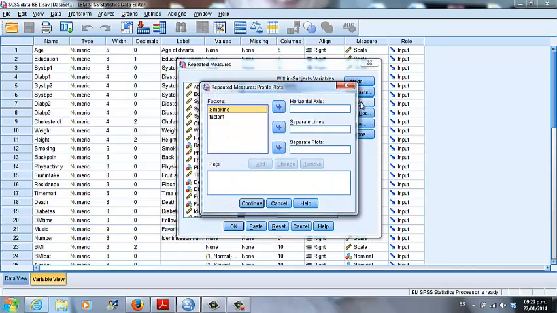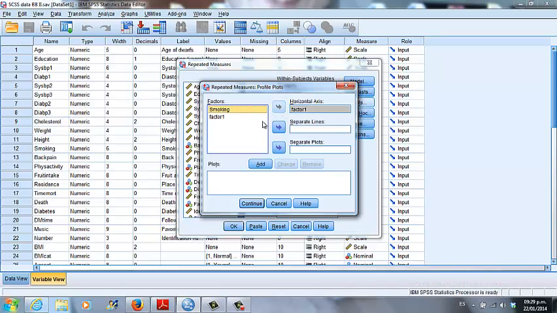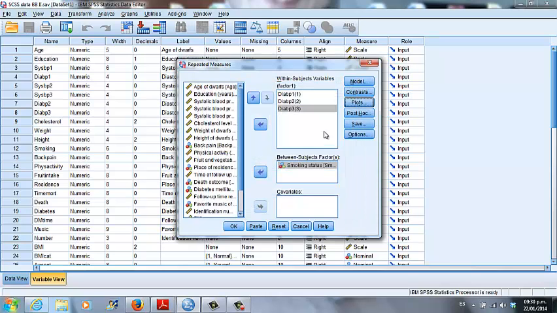In plots, if you're interested, you could have separate lines for smoking, as we did basically in the previous model. Let me select, for instance, factor 1 as horizontal axis, and smoking as separate lines, and we click on add to show you one example of a plot. Click on continue.